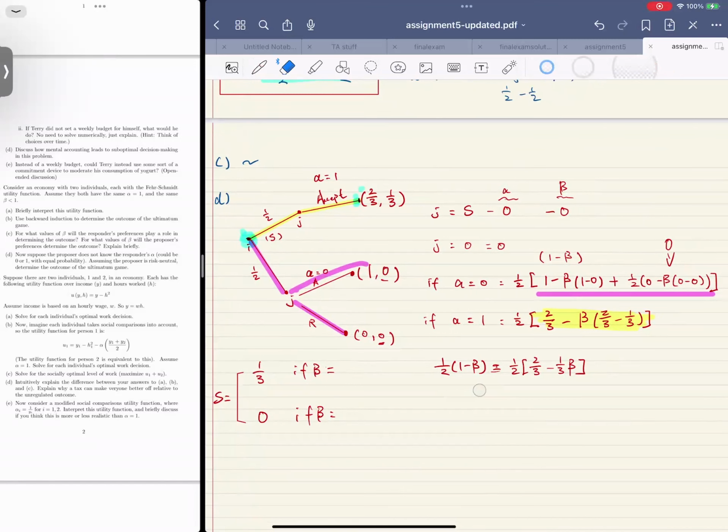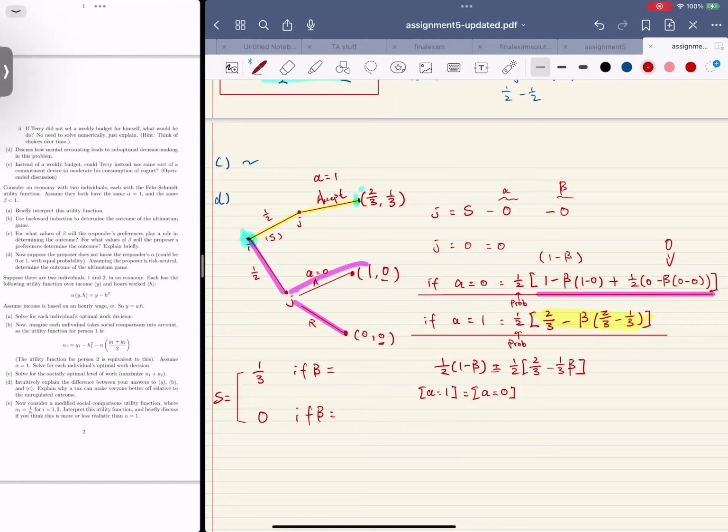Oh, we're trying to find the equality so we can find beta. We don't know beta yet, but we know the probability of A. It's 1/2 1 and 1/2 0. So here, this is the 1/2 0 part if A equals 0, and this is the probability.